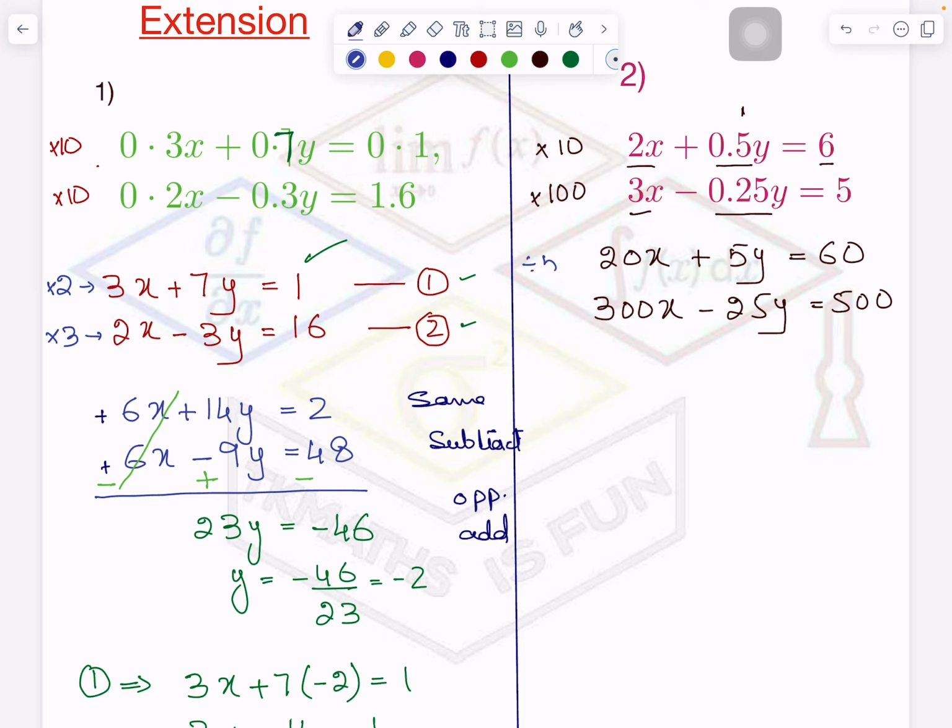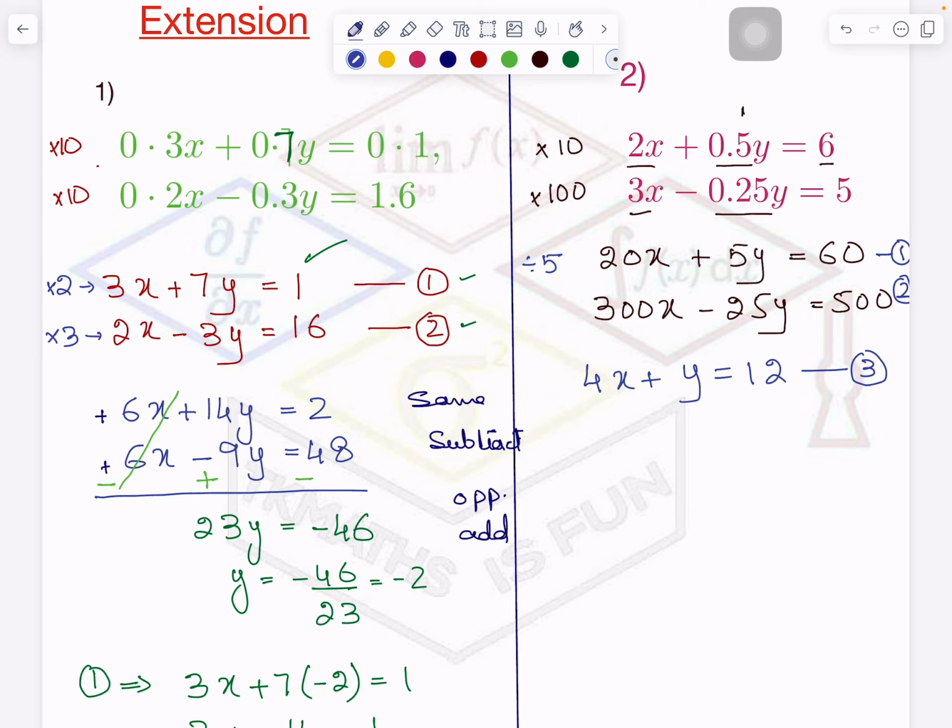So I would like to divide this whole by 5. It will become 4x plus y equals 12. So this equation, which is equation 1 and equation 2, I will simplify it, right?